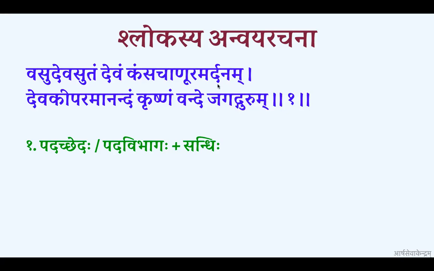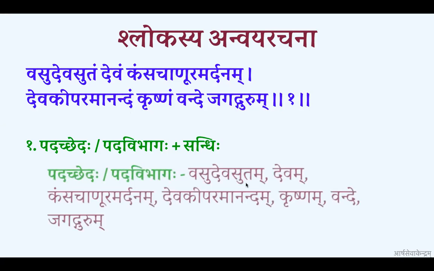Kamsa Chanura Mardanam, take the whole thing as one. Devaki Paramanandam. Krishnam. Jagadguru. Vande. So these are all the separate words. So we first write down what are the different words in this shloka.